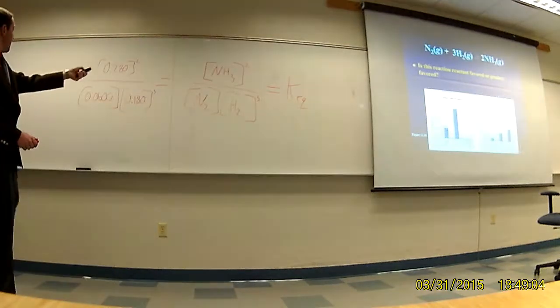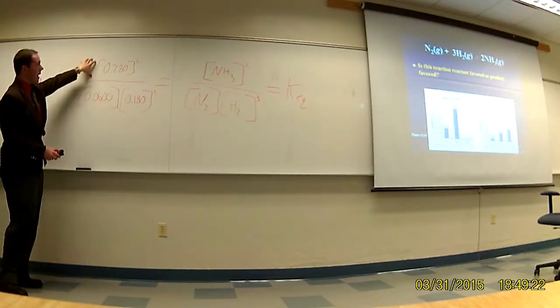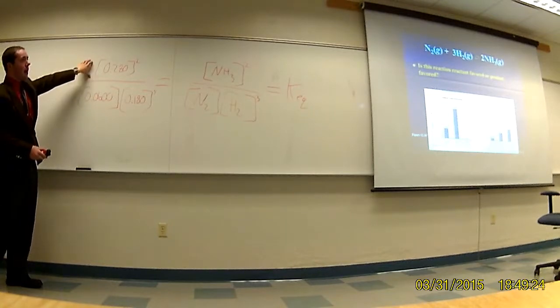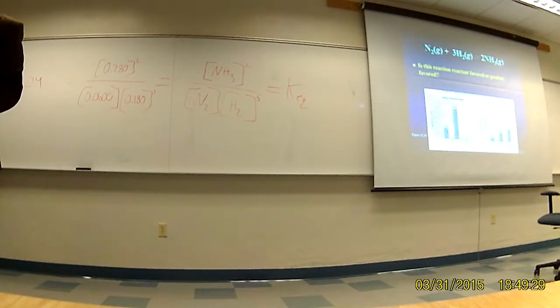So in this example, is this reaction reactant or product favored? Product. Correct. 224 is more than 1. We had a whole lot more on the top than we did the bottom. Top is product. So this reaction is product favored. Do you just tell that by looking at the graph here, or do you have to do math?